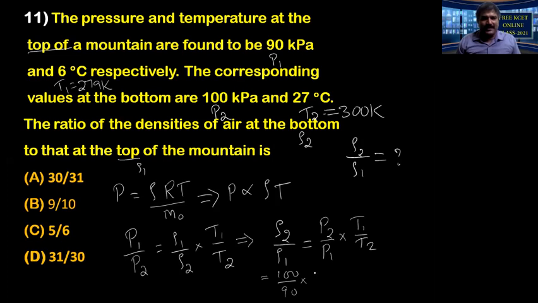T1 by T2, the temperature at the top, is 279 upon the temperature at the bottom, 300. Now you can cancel the zeros. 3 can cancel with the 279, giving 93. So the ratio is 93 upon 90, which is nothing but 31 by 30.